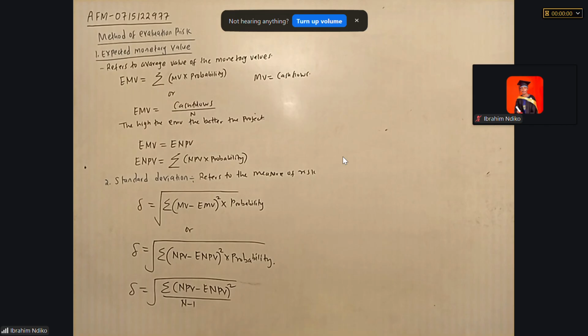Now, let us move on, let's go up to sensitivity analysis. That is number 7. Under sensitivity analysis, we shall talk about two items: sensitivity analysis and scenario analysis.